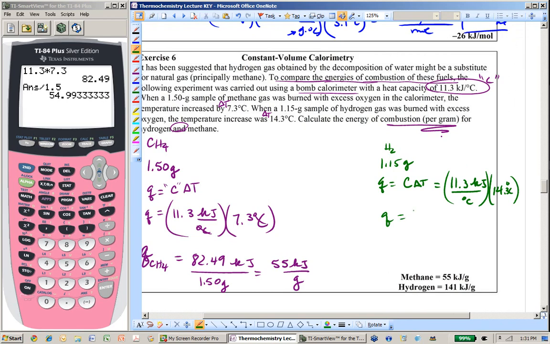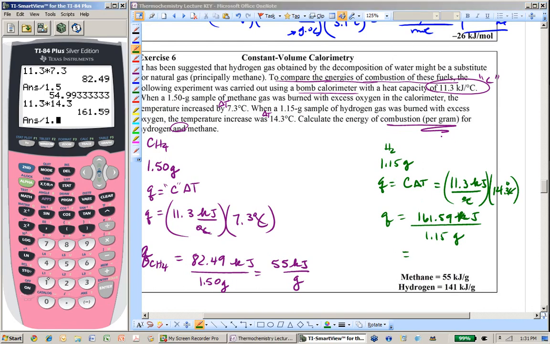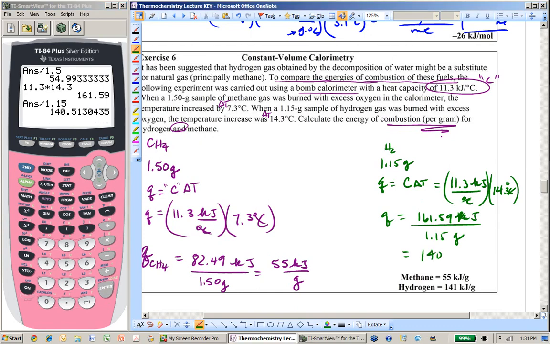So that Q comes out to be 11.3 times 14.3, 161.59. Those cancel, so that's kilojoules. And how big was this sample? 1.15. So divided by 1.15, 140.5. Let's call that 141 kilojoules per gram.